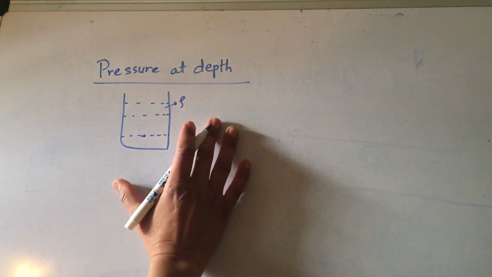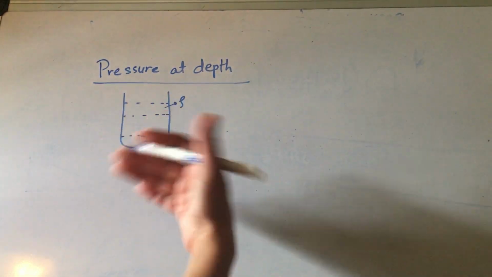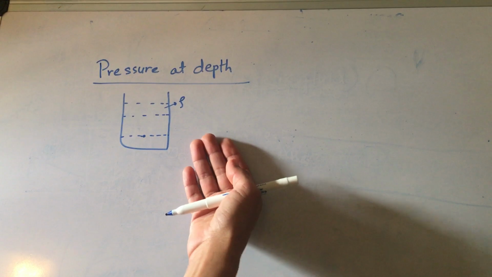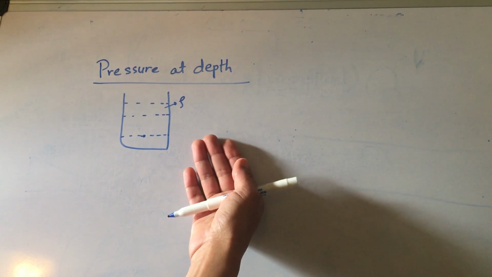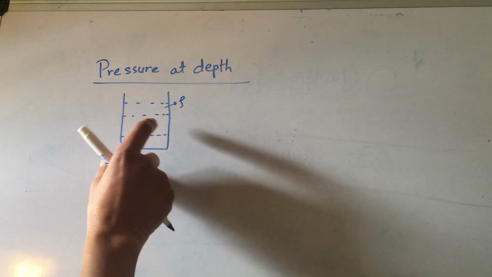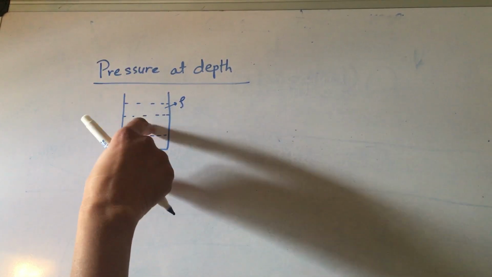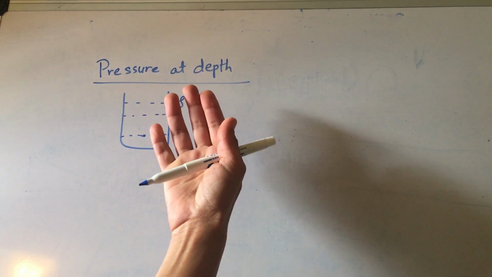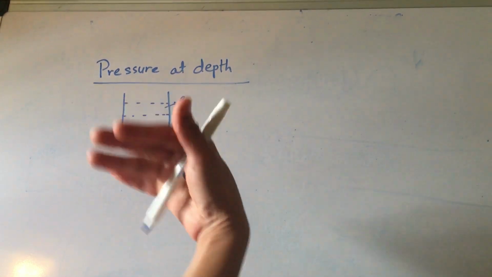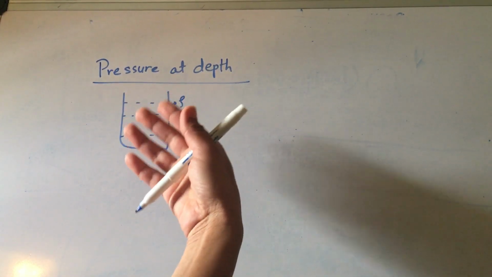What we are going to do is this. Before I start deriving, I want to tell you guys this. We will take a column of water from this container, and the important thing here is that this fluid is at rest.